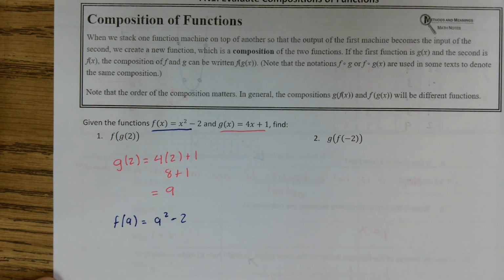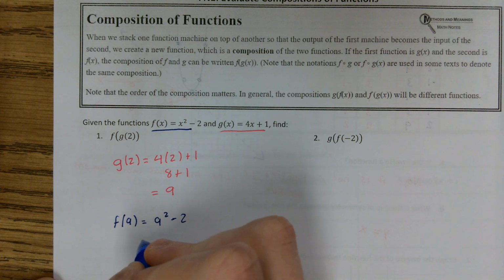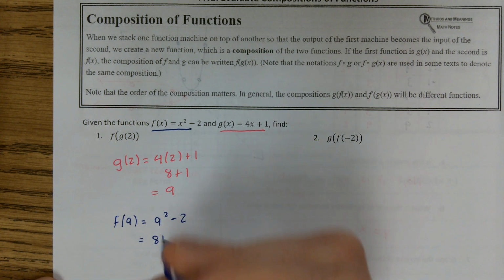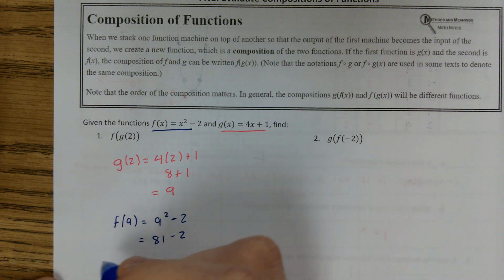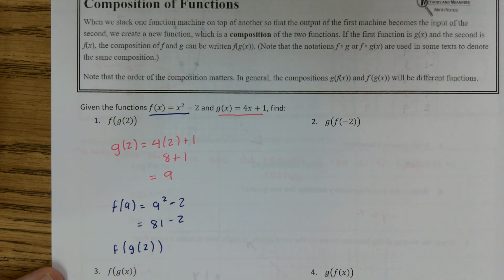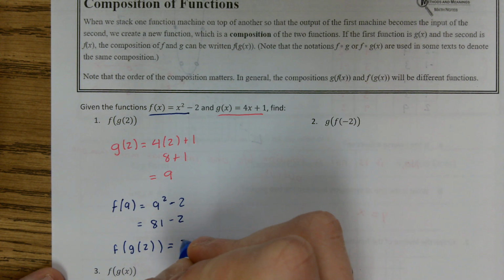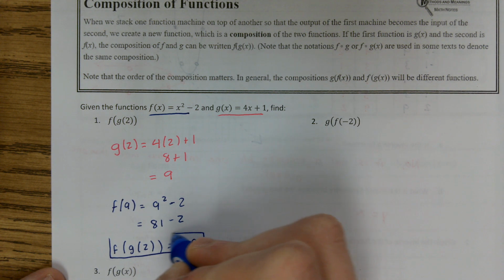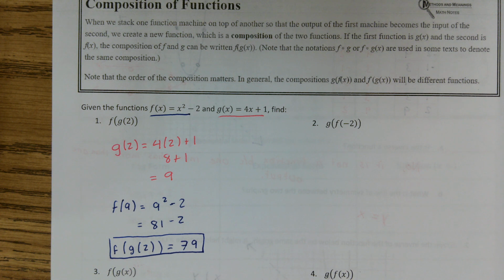Pretty straightforward math. We have 9 squared, which is 9 times 9, or 81, minus 2, which is 79. So we write that notation again: f of g of 2 is equal to 79. That's my final output for that function.